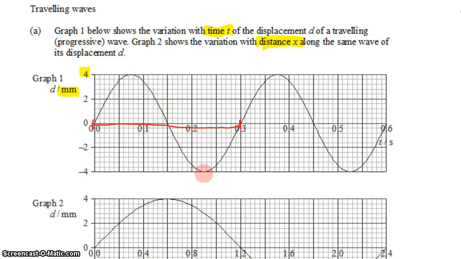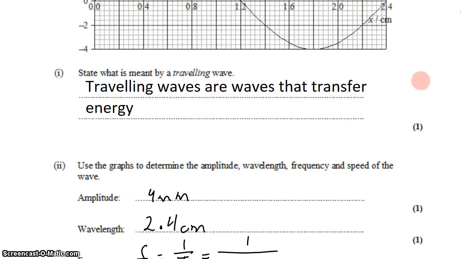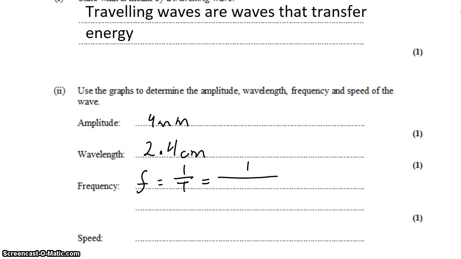We go up and down and back in 0.3 seconds. Divide 1 by 0.3 and we get 3.3 per second. You could also say 3.3 hertz.